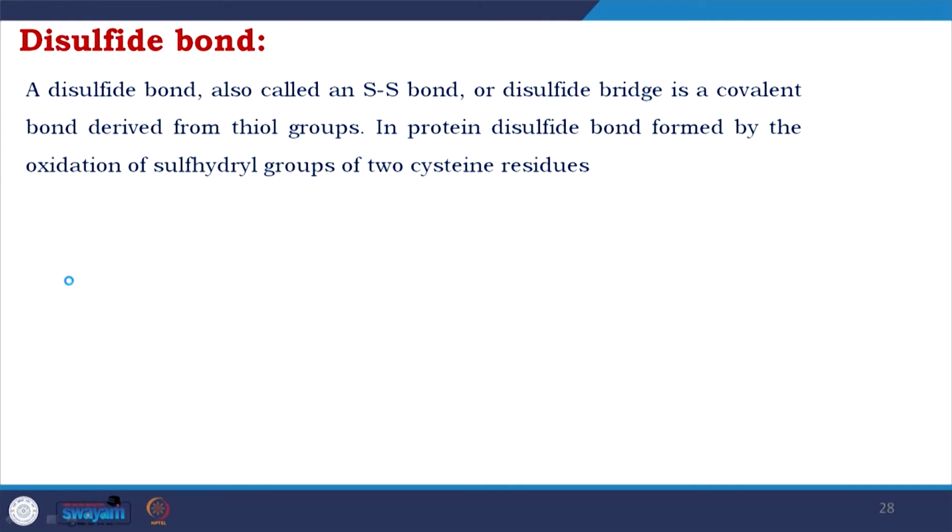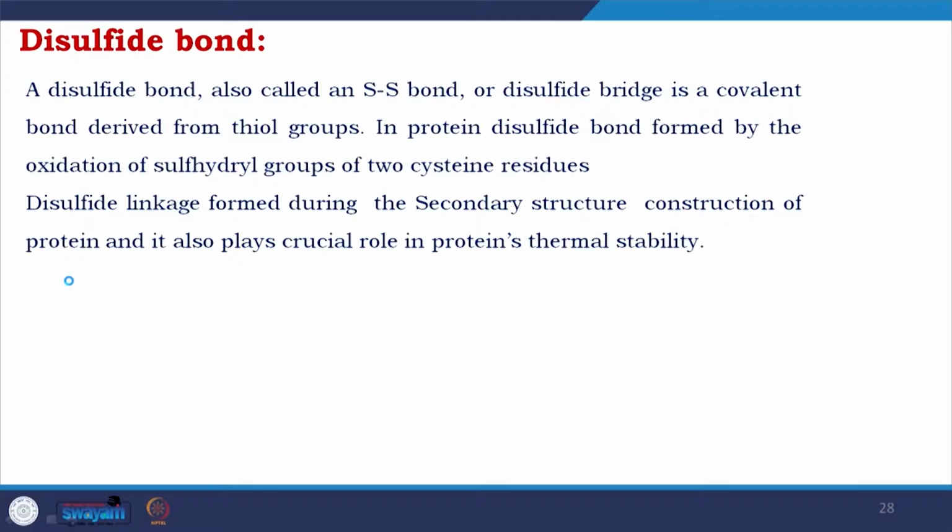A disulfide bond, also called an SS, sulfur-sulfur bond or disulfide bridge, is a covalent bond derived from thiol groups. In protein, a disulfide bond is formed by the oxidation of sulfhydryl groups of 2 cysteine residues. We have only 2 amino acids, cysteine and methionine, which have sulfur, but methionine having a CH3, a poor leaving group, it cannot be taken out.